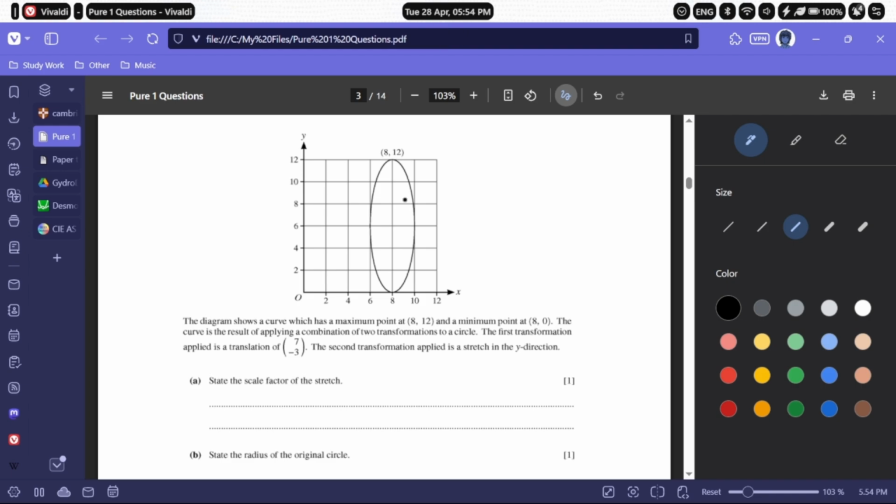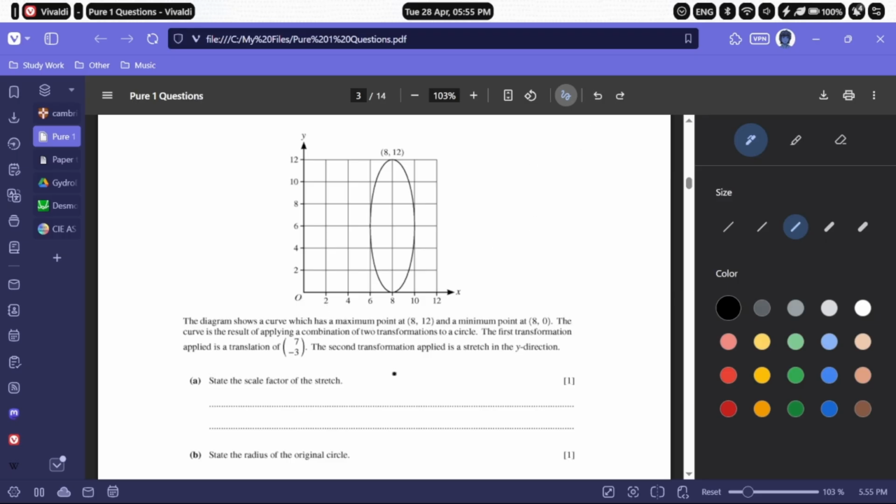So that tells you there is no transformation in your x-axis. It's basically similar to the original circle. Also, each unit over here is 2 units.